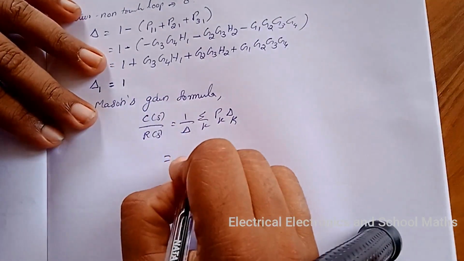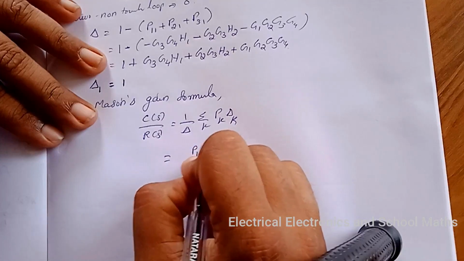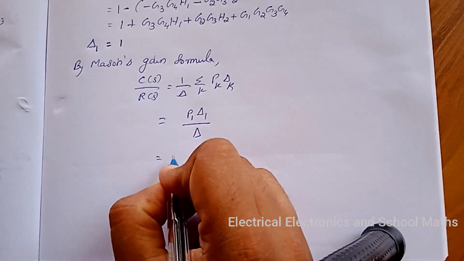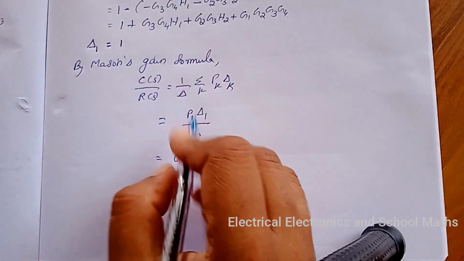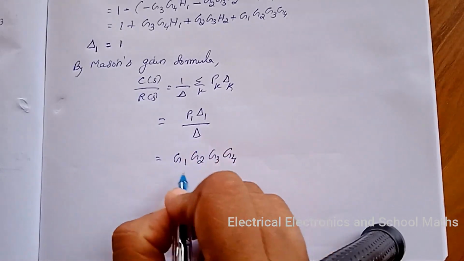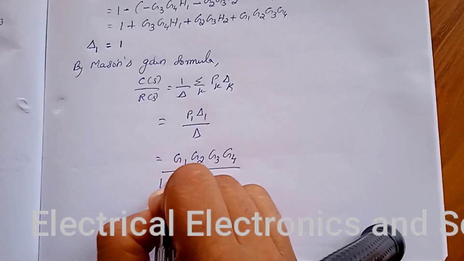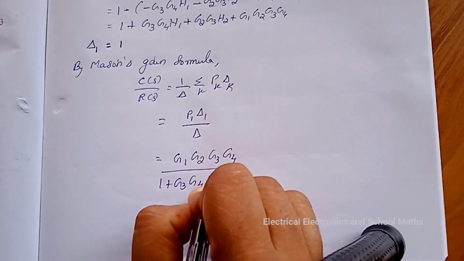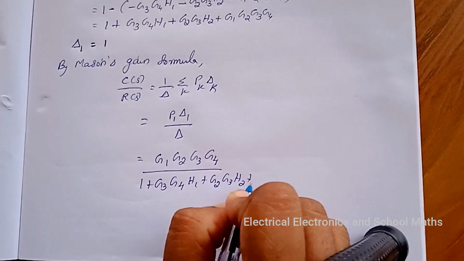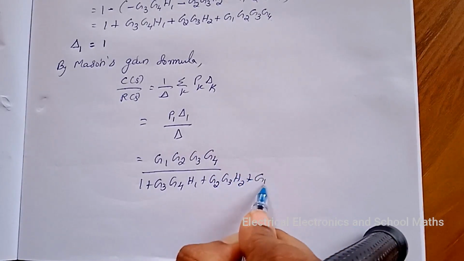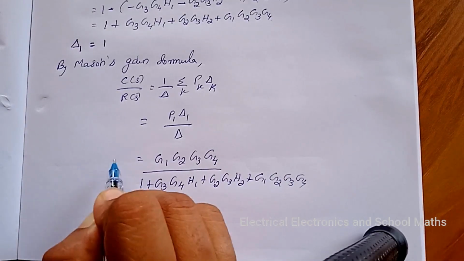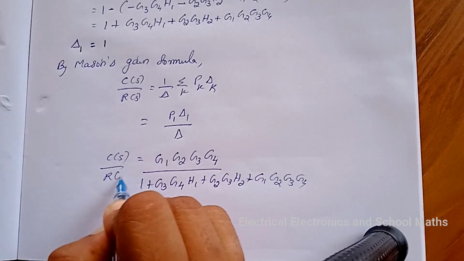That is, here only one forward path, and we can write P1 delta 1 divided by delta, and that is equal to P1 is G1 G2 G3 G4 into 1, divided by delta, which is 1 plus G3 G4 H1 plus G2 G3 H2 plus G1 G2 G3 G4. So this is the transfer function C of S divided by R of S.